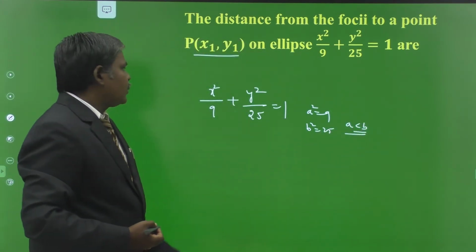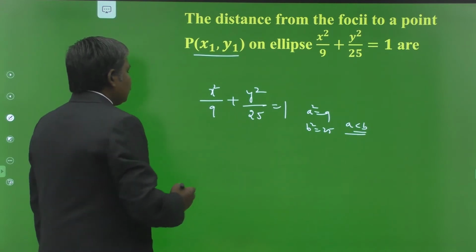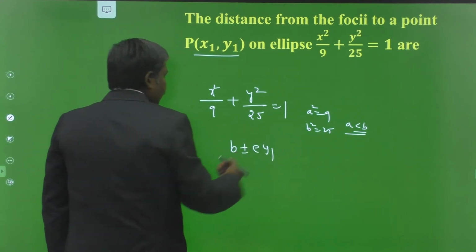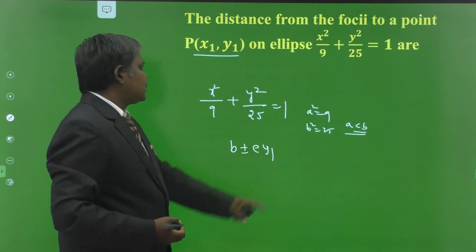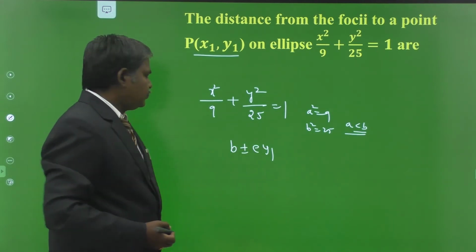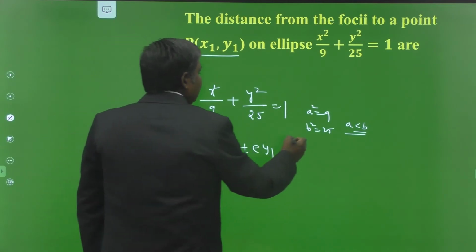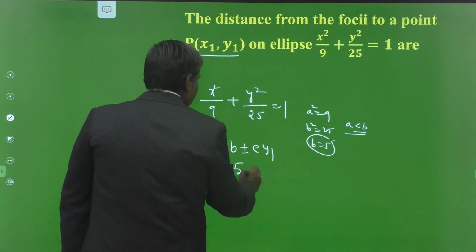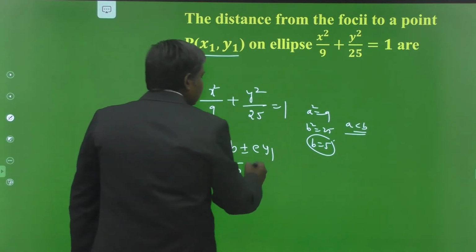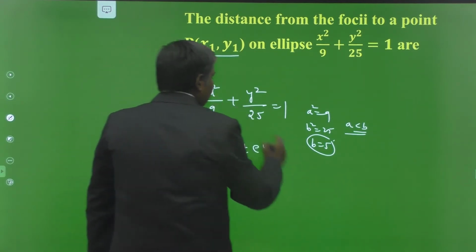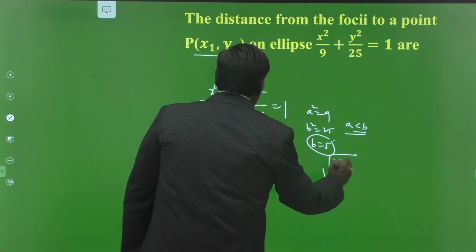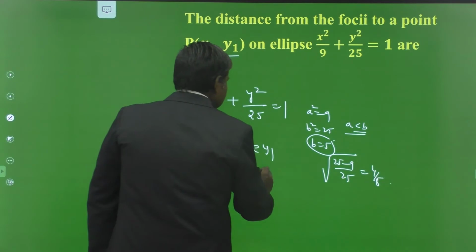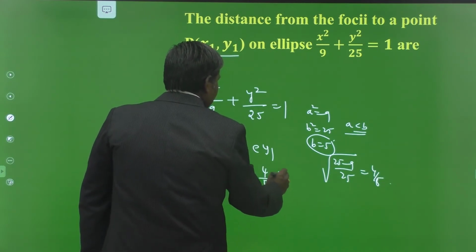For a less than b, what are the focal distances? b plus or minus e y1. We just derived the formula. What is b here? b is equal to 5. So 5 plus or minus e, the eccentricity of the ellipse, that is root of 25 minus 9 by 25, that is 4 by 5, times y1.